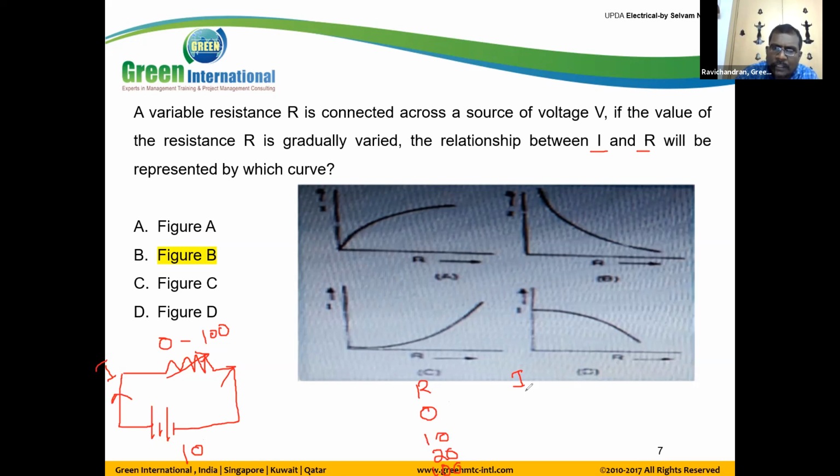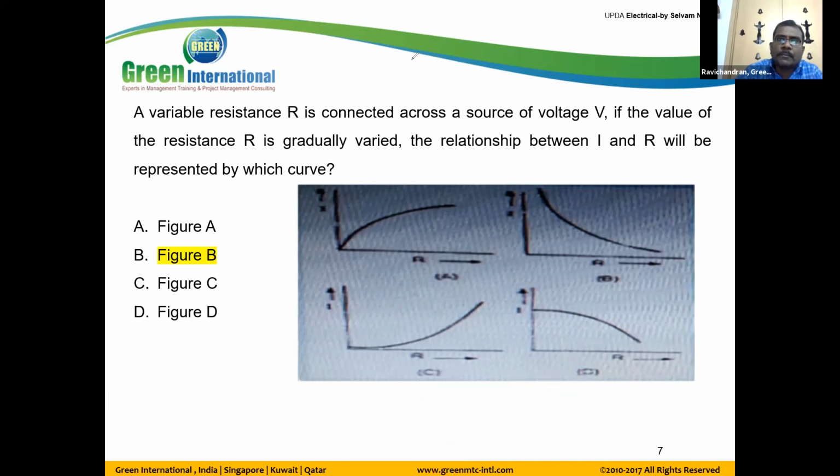Here I is equal to V by R. Assume that we have a 0 ohm resistance, 10 ohm, 20, 50, 100.